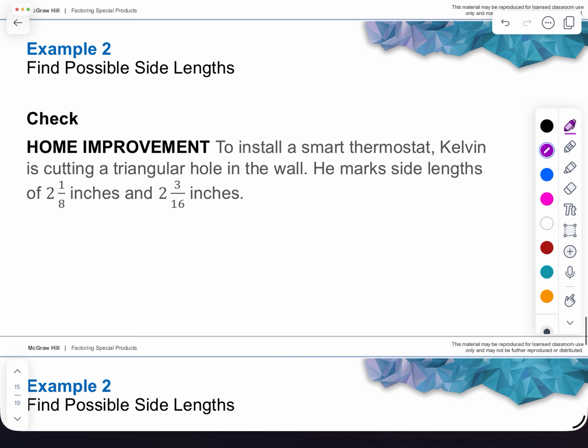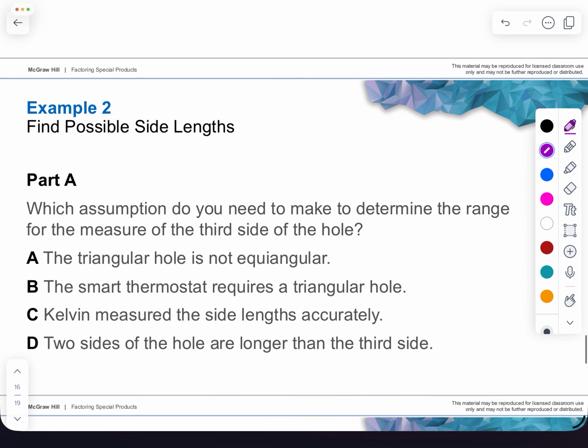All right, so go ahead and solve this. Install a smart thermostat. Kelvin is cutting a triangular hole in the wall. He marks side lengths of 2 1/8 inches and 2 3/16 inches.